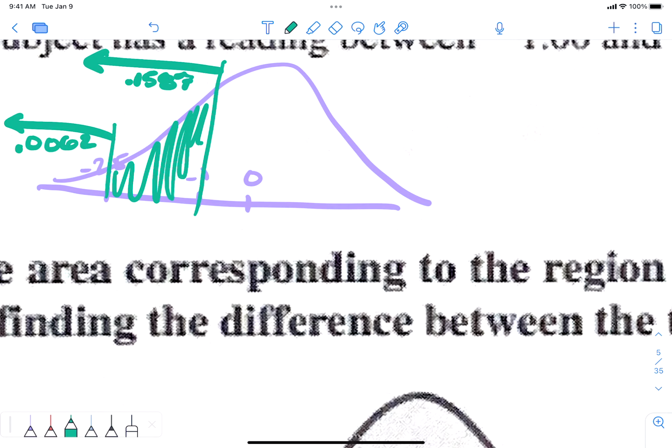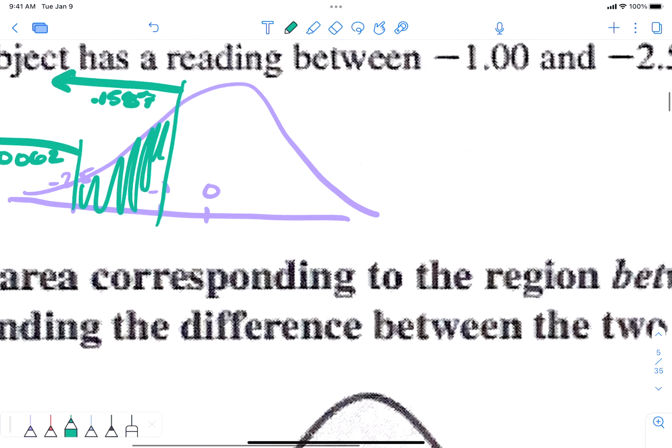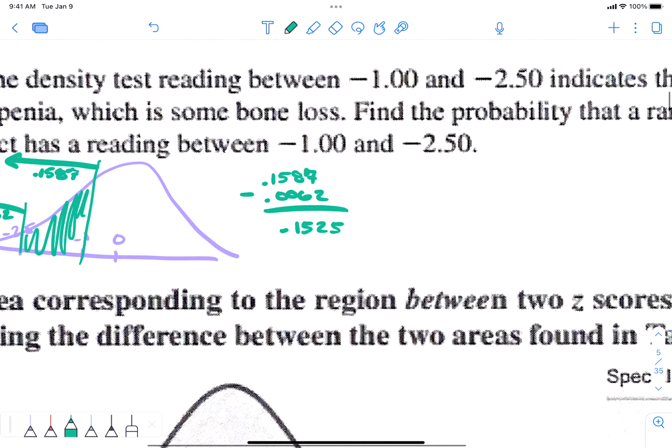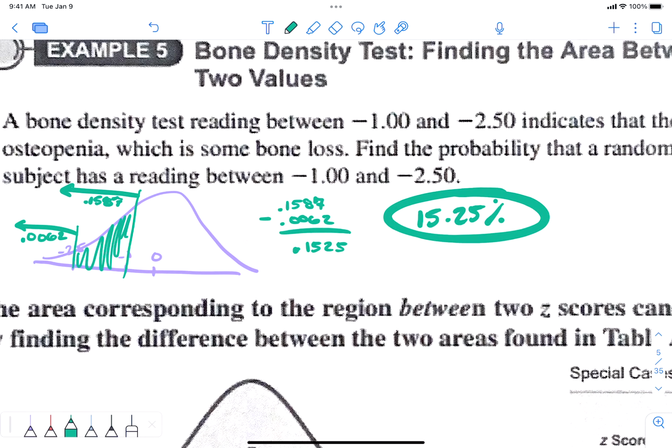Less than 1% is going to be below that, right? Okay. To find what percentage is in between those, subtract: 0.1525. So that means what? 15.25% have a bone density between a -1 and a -2.5.